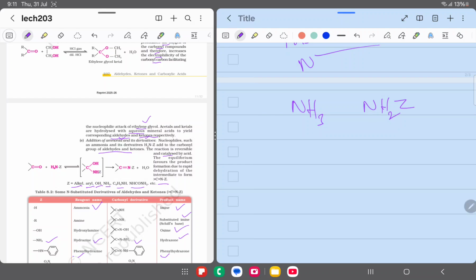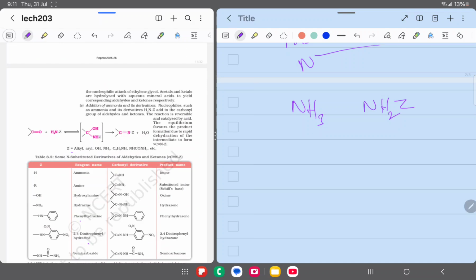The reaction is reversible and catalyzed by acid. The equilibrium favors the product formation due to rapid dehydration of the intermediate to form the double bond C=N-Z.